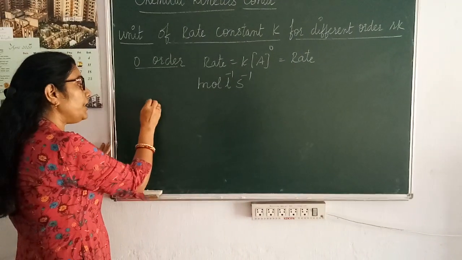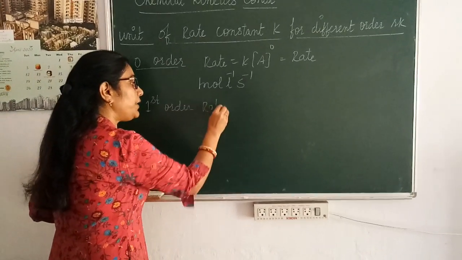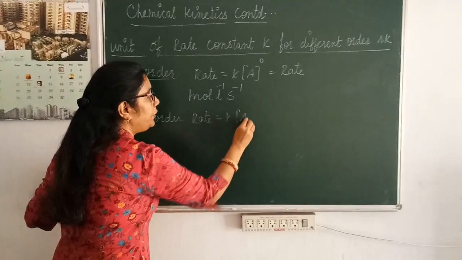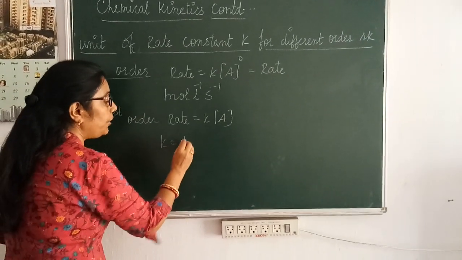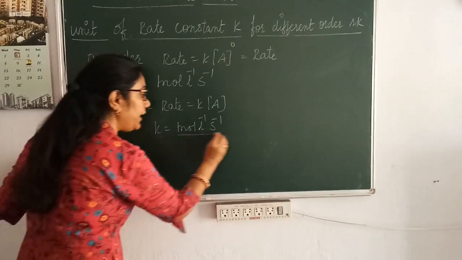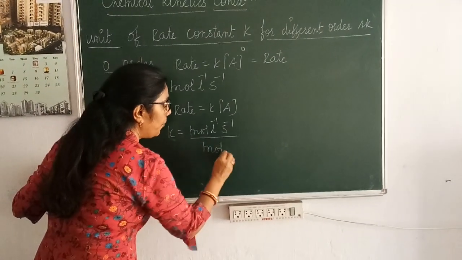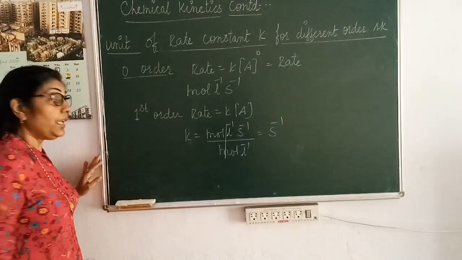If the reaction is first order, rate is equal to K into A to the power 1. Then K will be equal to mole per liter per second, that is the unit for rate, divided by mole per liter. So it would be per second.